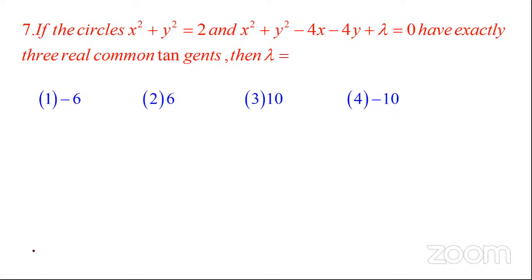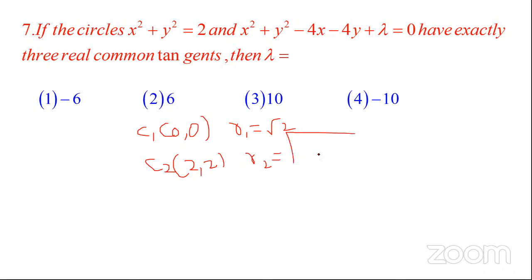C1C2 equal to R1 plus R2, as 3 real common tangents clearly means C1C2 equal to R1 plus R2. Find the value of C1: 0 comma 0, and the R1 value is root 2. Then C2 value is 2 comma 2. Then the R2 value we have to find: 4 plus 4 minus lambda.